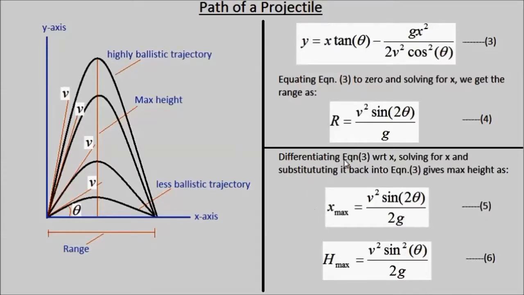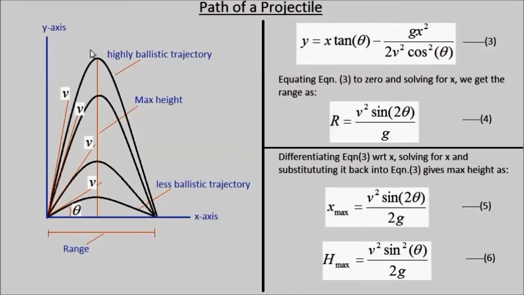So we differentiate equation 3 with respect to x and solve for x, giving the value of x for which y is maximum. And that x, where max of y occurs, is half of the range, which is v squared sine 2 theta by 2g, half of equation 4.